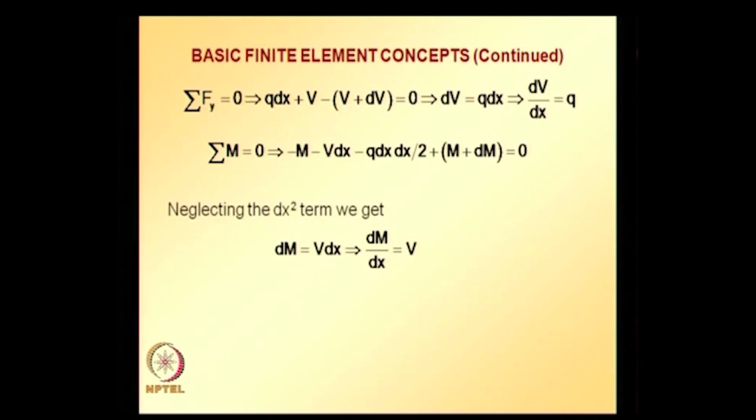The first equation gives the spatial derivative of shear force equal to the applied distributed load, and the second equation gives the spatial derivative of moment equal to shear force. So we can differentiate the second equation with respect to x one more time, and we get this equation.